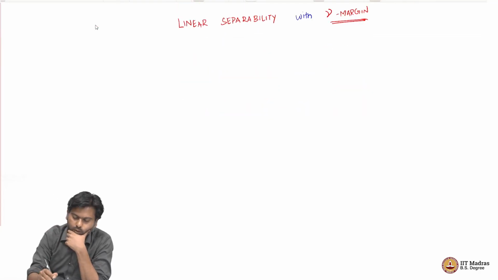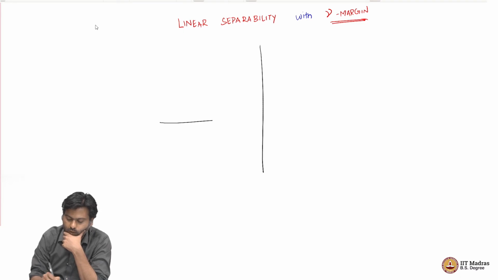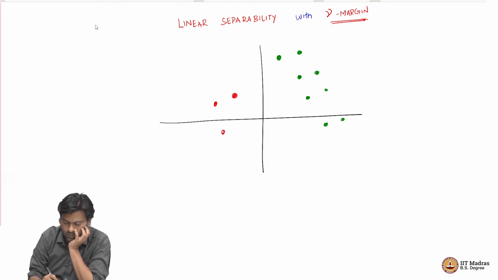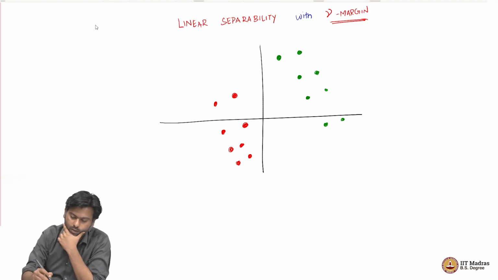In pictures, it means the following. You have a data set in 2 dimensions again. I am labeling some points as positive and some points as negative, let's say like this, maybe like this.